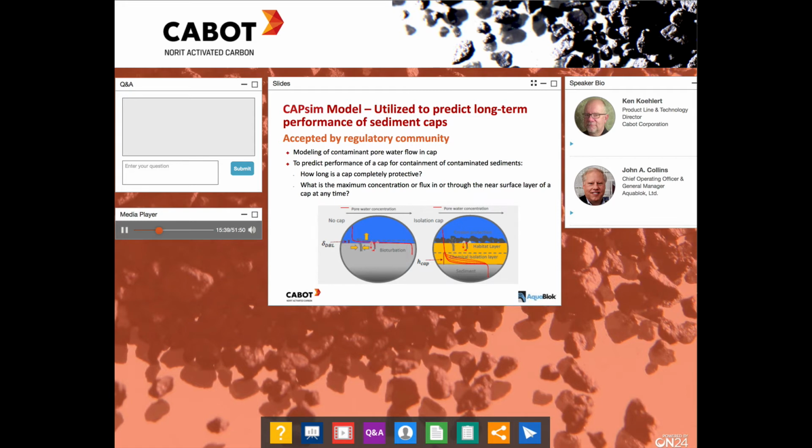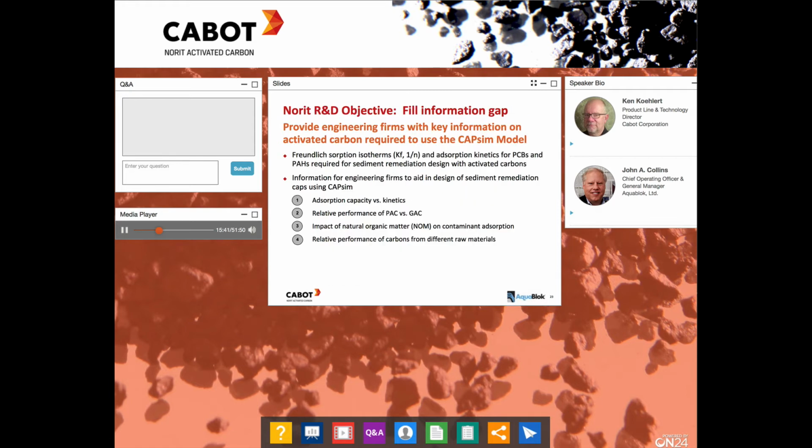The goal of our work at Cabot Norit was to give practitioners a fast and easy way to access the power of the CapSim model. The two main gaps were in equilibrium and kinetic data for specific PCBs and PAHs, and information on the impact of parameters such as activated carbon form and feedstock, and natural organic material impact.